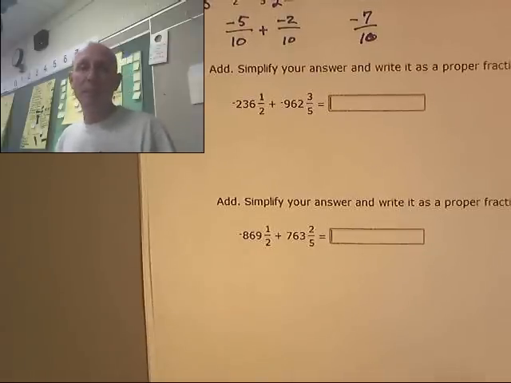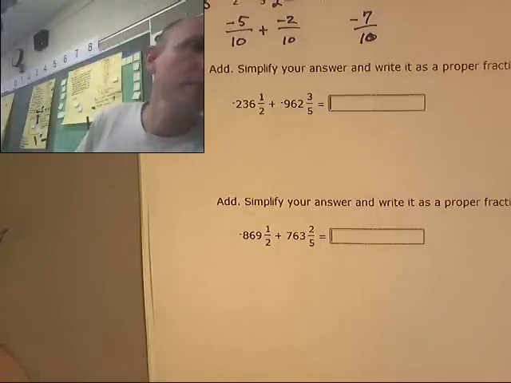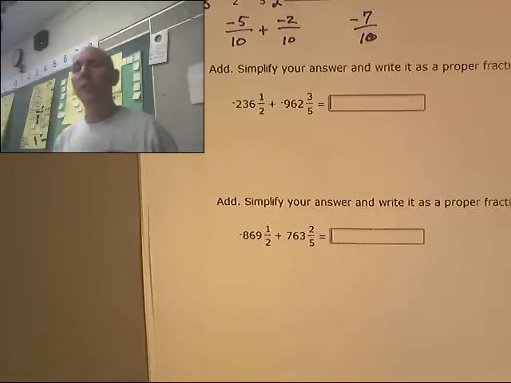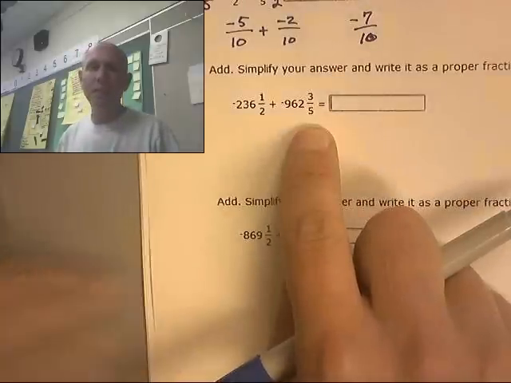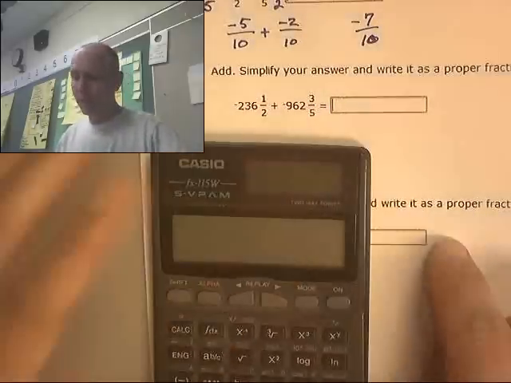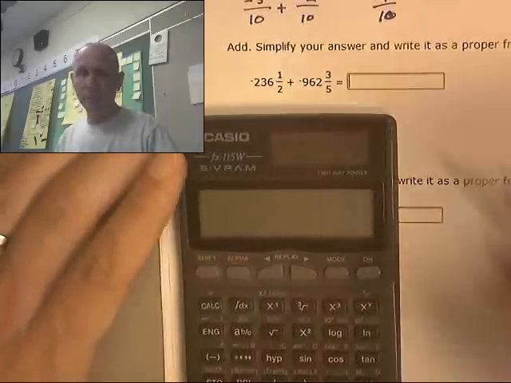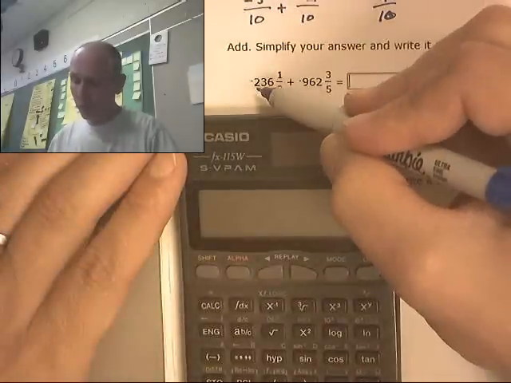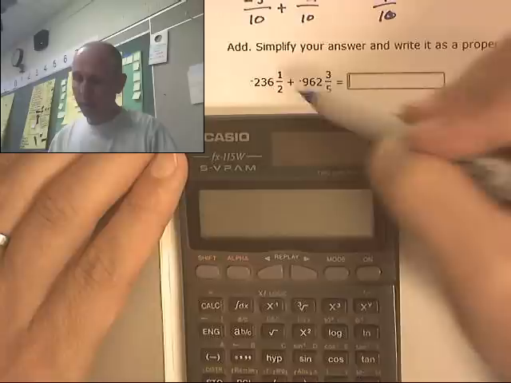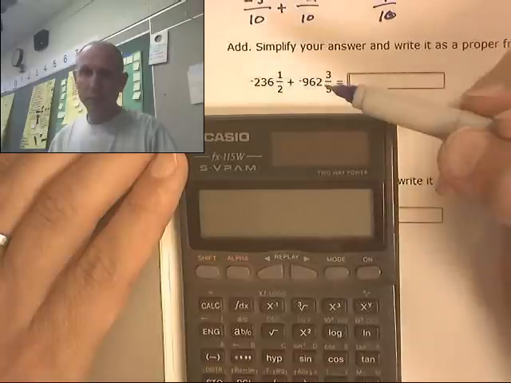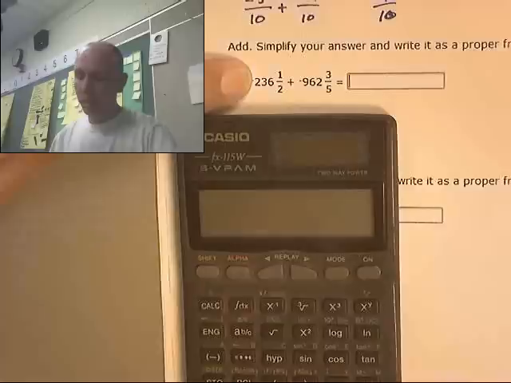Adding some mixed numbers. There are a couple of different ways to deal with this, but I think the way that is going to get us the best results is to convert each of these into improper fractions. I am going to use a calculator for this. So improper fraction, I'm going to go 2 times 236 plus 1, ignoring the negative for a second.